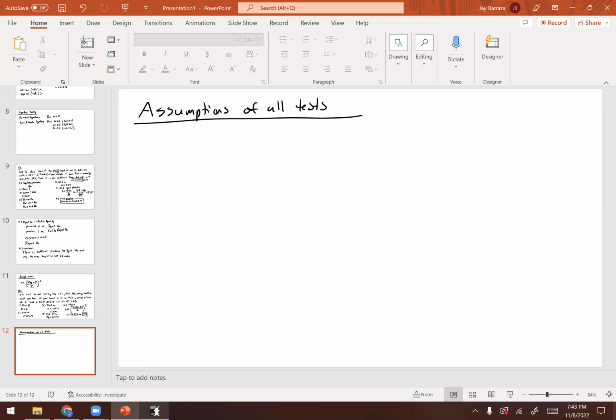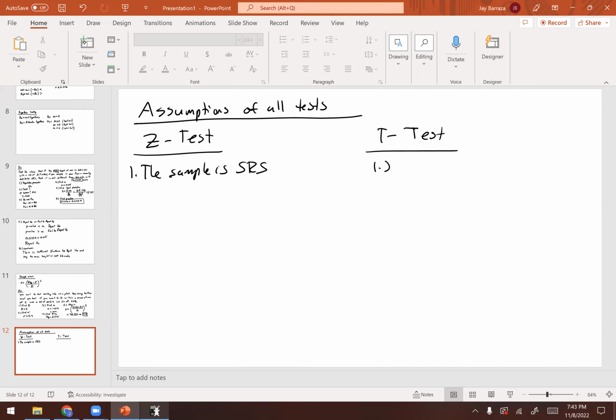For a Z test and a T test, assumption number 1, the sample is a simple random sample.